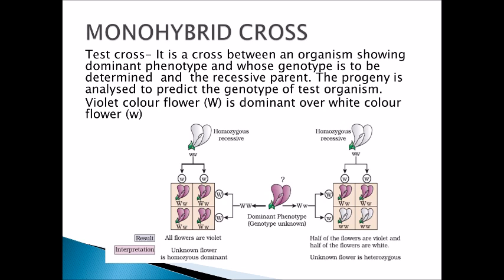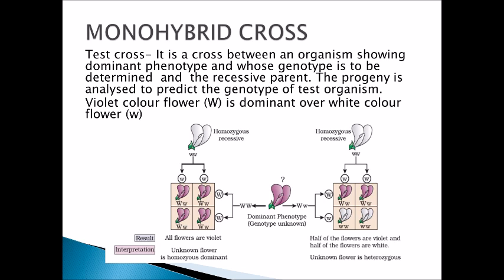You don't know the genotype of the organism, but the organism shows the dominant phenotypic character. When it is like that and you want to find out the genotype of such an organism, it is crossed with the recessive parent. The progeny is analyzed to predict the genotype of the test organism.